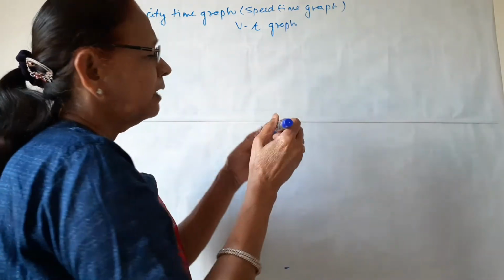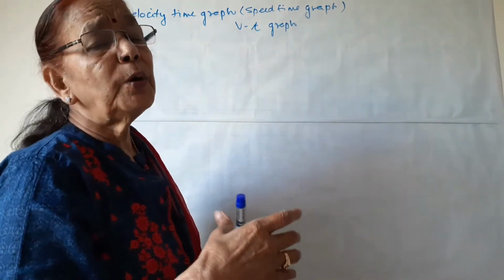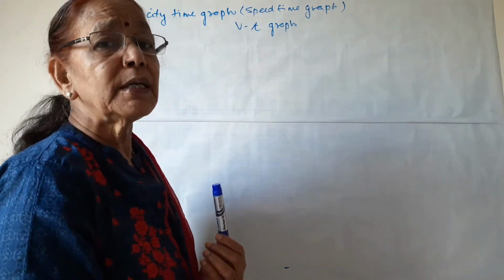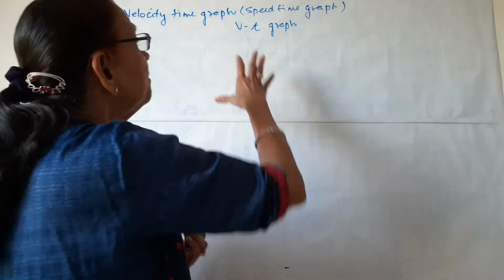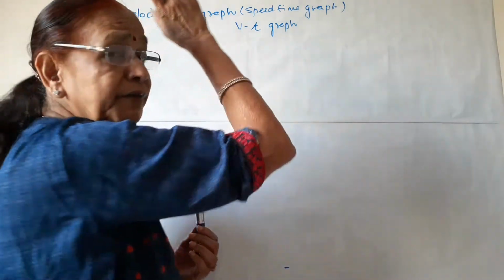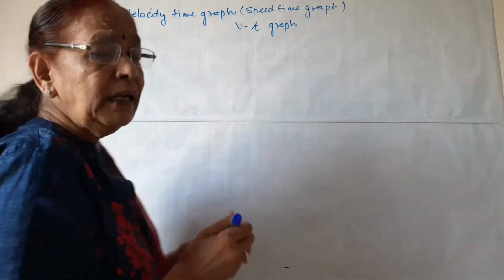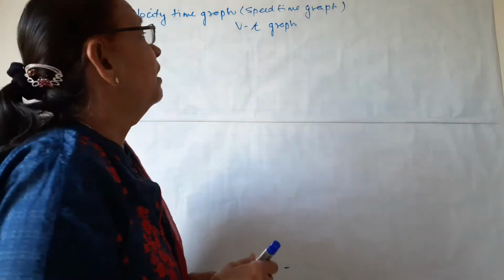By this graph we show the graphical representation of motion. Motion is graphically represented by two types of graph. The first is the distance time graph and the second is the velocity time graph.